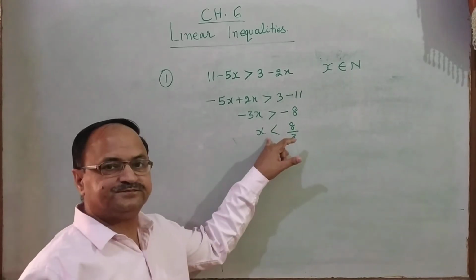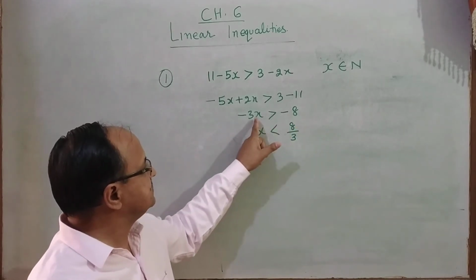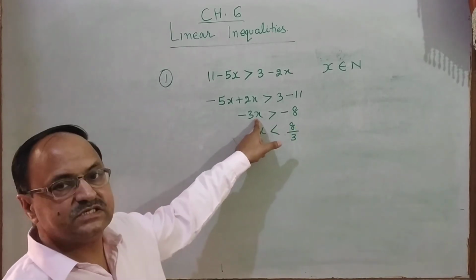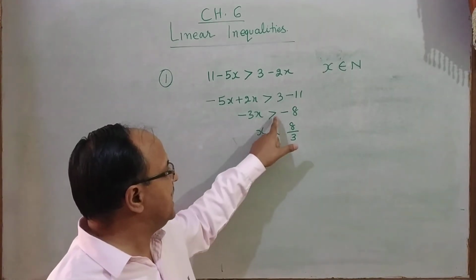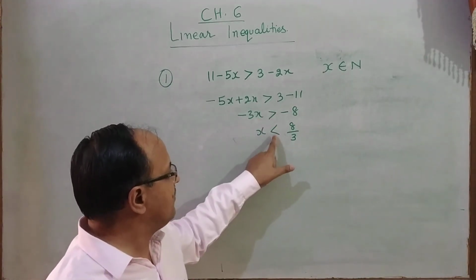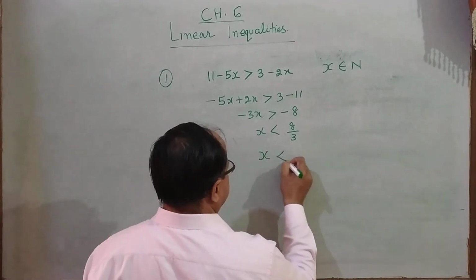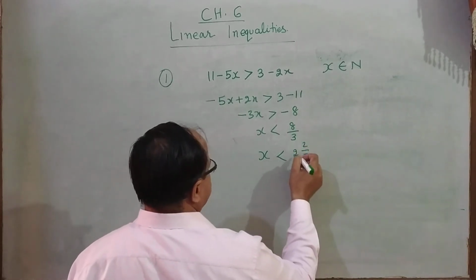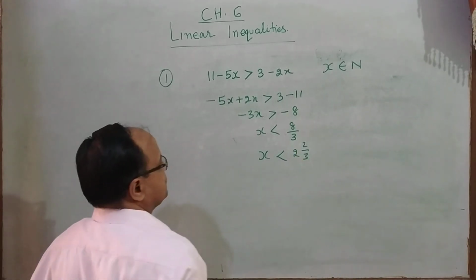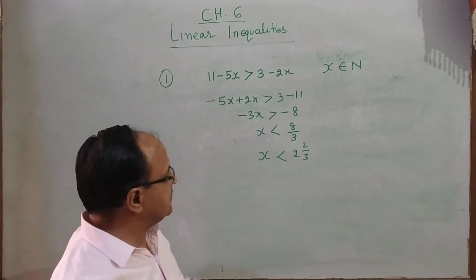This point clear? When you divide both sides by minus 3, the sign will change. Greater than becomes less than. x less than 8 by 3, you can write 2 whole 2 by 3. But can you tell me the natural numbers less than this number?